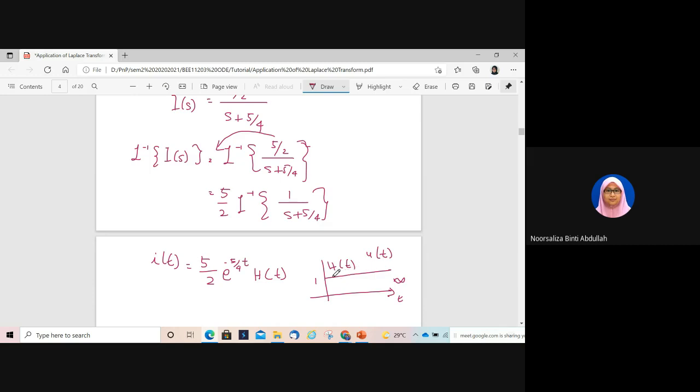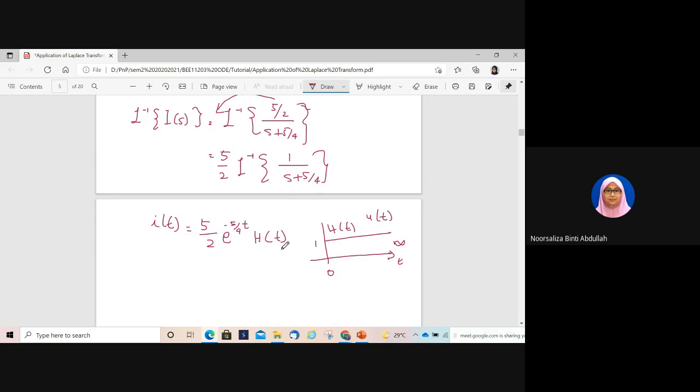If you use h(t) or u(t), it means your signal starts from 0. So this will be your I(t). Any question regarding this I(t)?